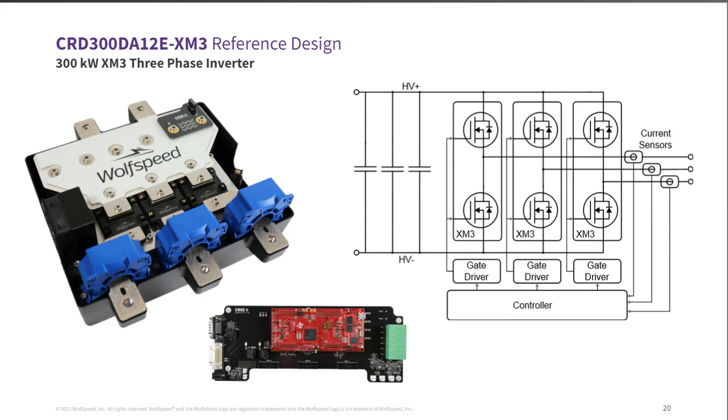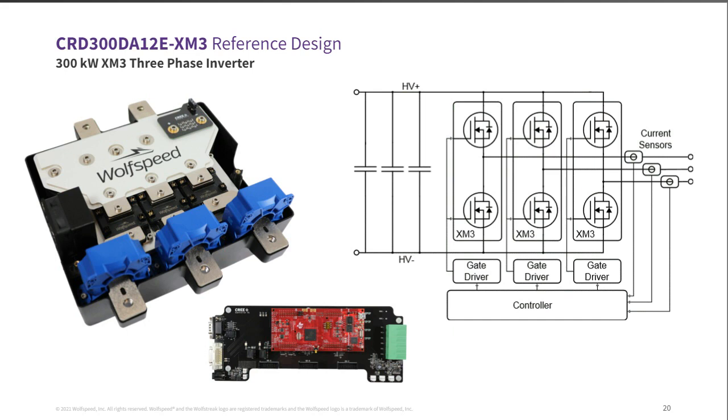This entire kit is based around the XM3 module, of course, and really we have three variants. Any of the three variants can fit into this particular kit. It has the DC bus voltage sensing and output current sensing built in. We also provide a controller as well. We do provide firmware for the controller, and I'll touch on that in the next slide.